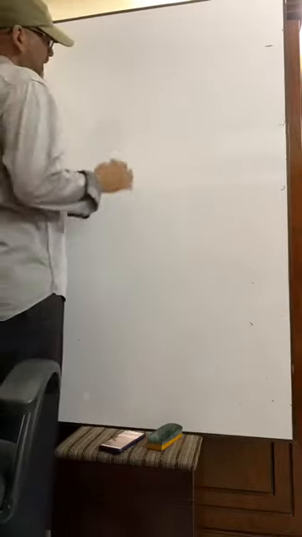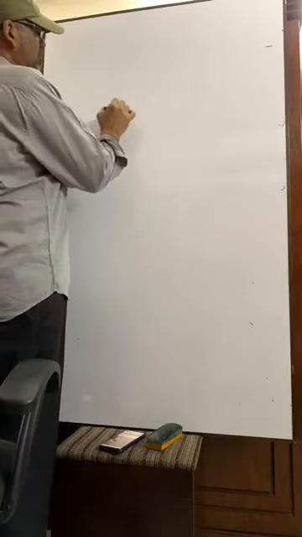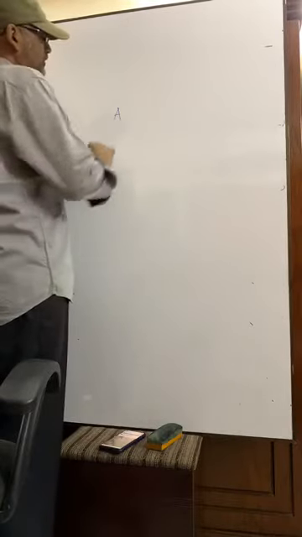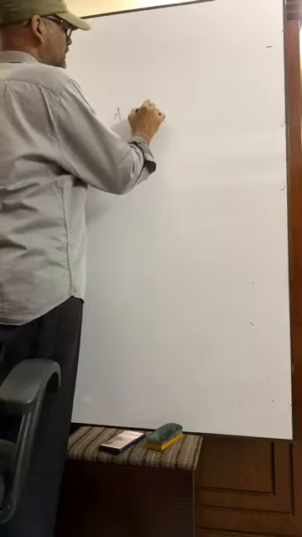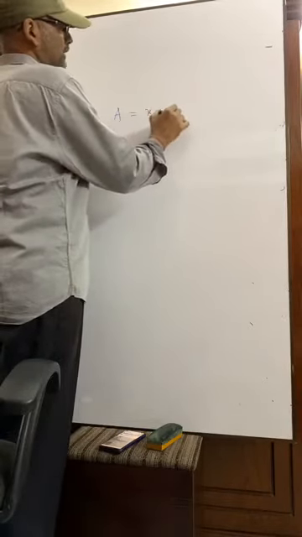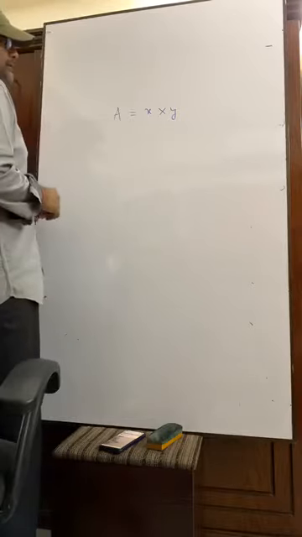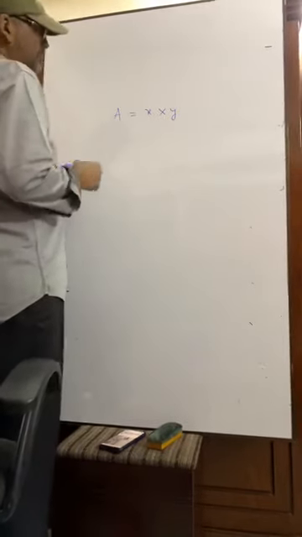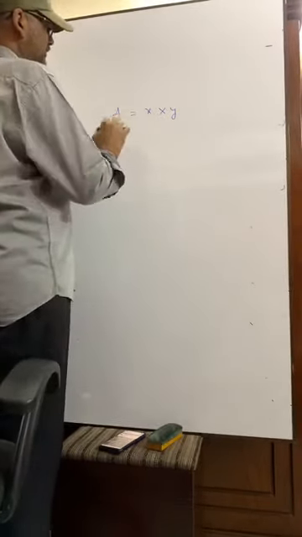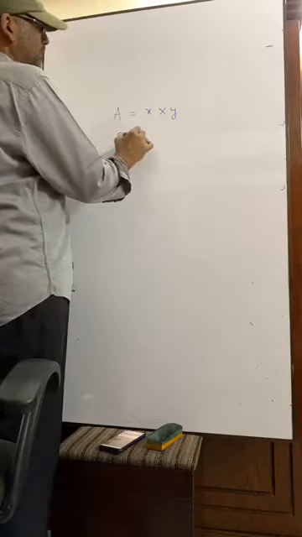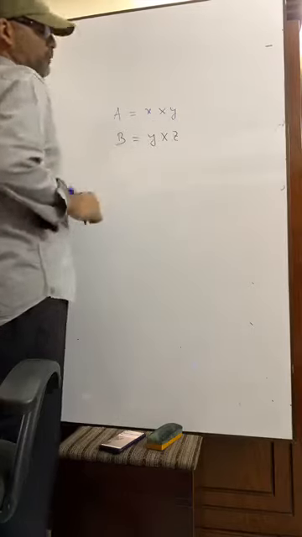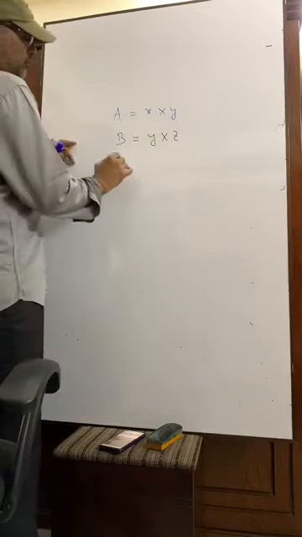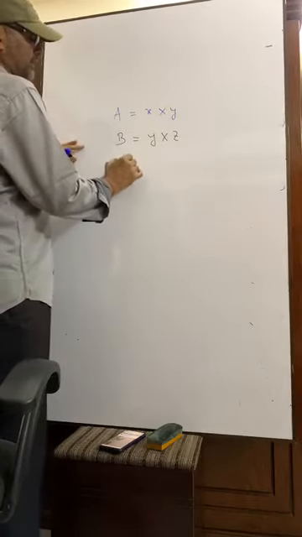Suppose A is a matrix, written X into Y. And B is a matrix, also written Y into Z. Now what is AB?